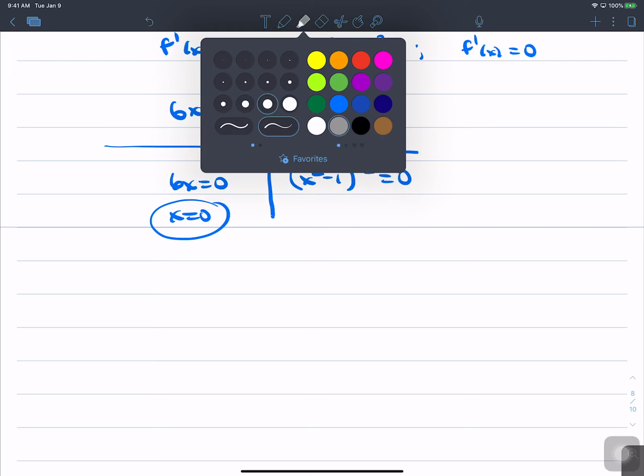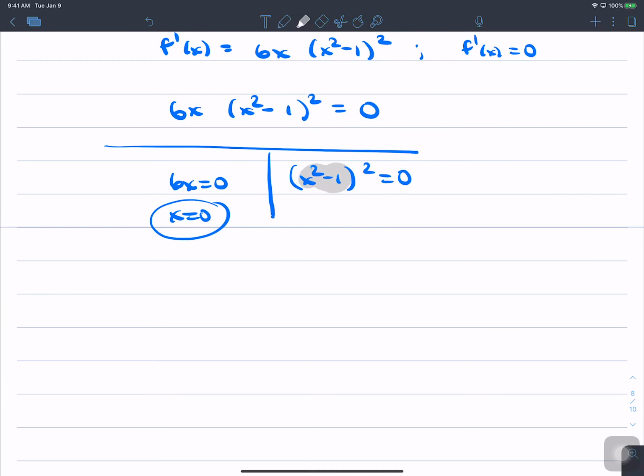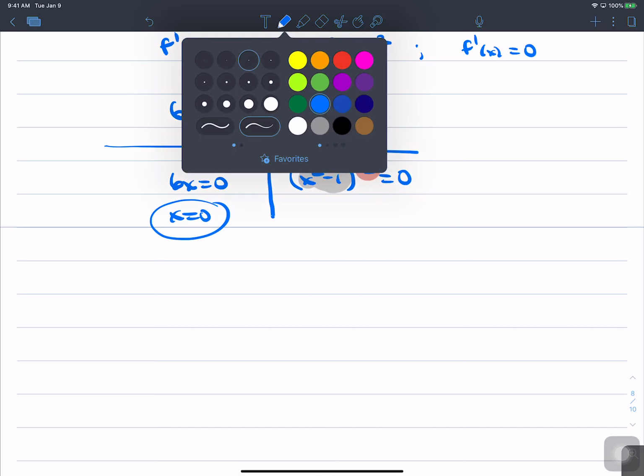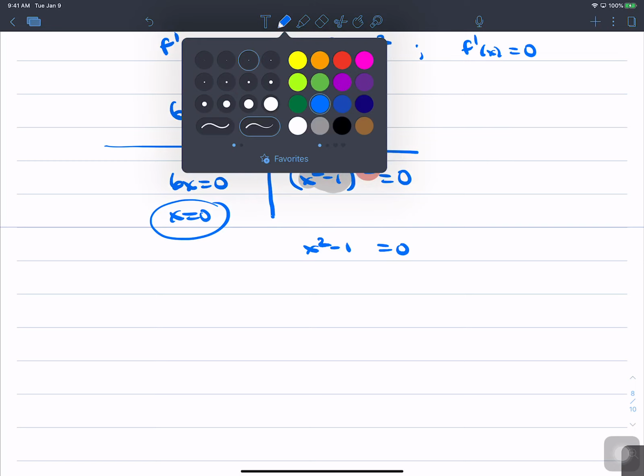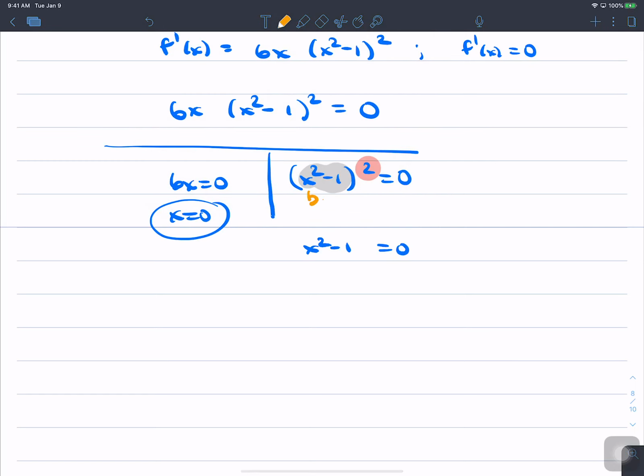Whenever you have anything raised to the second power and it equals 0, whatever your base is, x squared minus 1, must be 0, because 0 squared is 0.